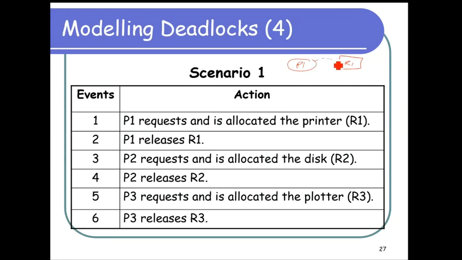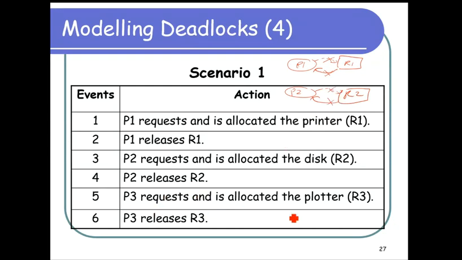P1 requests R1 and it is allocated. Then P1 releases it, so it's finished and free now. P2 requests R2, it is allocated, and then P2 releases R2, so it is free.